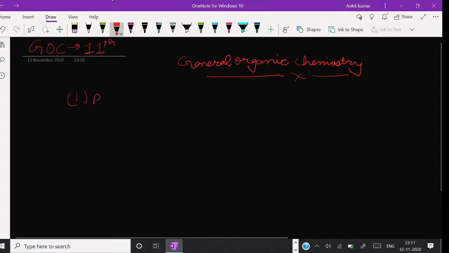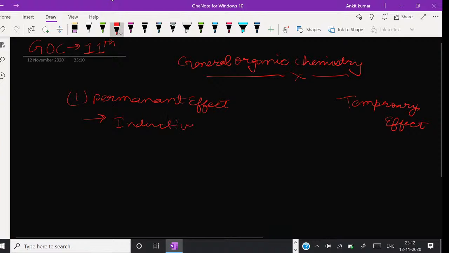One is permanent effect, second is temporary effect. In permanent effect, we will study inductive, resonance or mesomeric effect, and third is hyperconjugation.